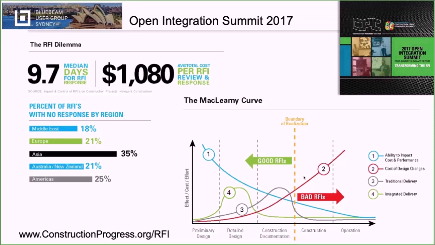So this report is both educating industry and educating technology about how we should think about the tool of an RFI, and also educating both sides on how we need to think and act, and how the process needs to change, in order to move more of these RFIs into that good zone before the bound of realization, and not in the bad zone where we've already built it and these RFIs are costing much higher amounts and creating much more waste in the industry.